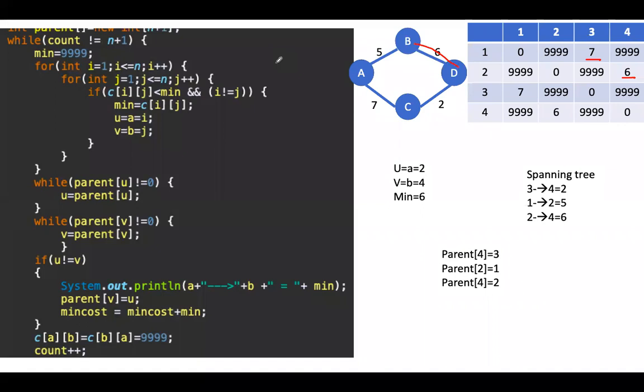Count value is just 3 now. And the while condition we have given is count not equal to n plus 1. So my question is whether the while loop condition becomes true or false. Are you going to execute these instructions one more time, or are you going to stop here?